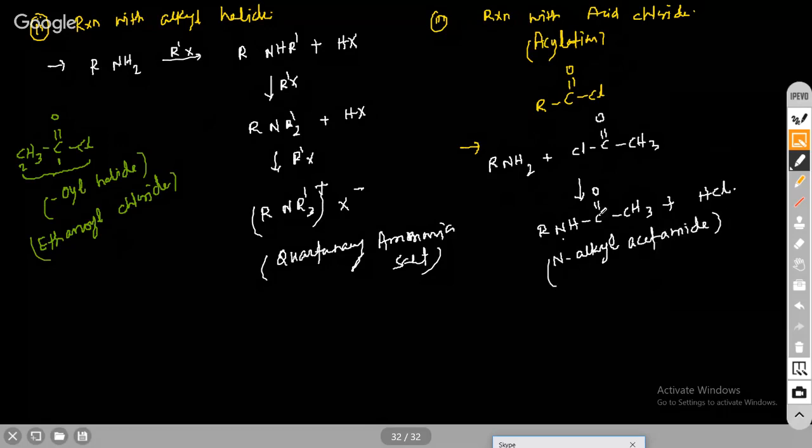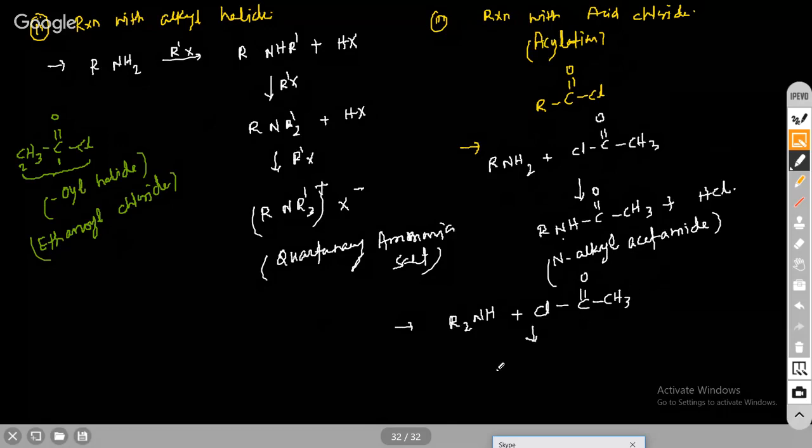CONH2 is amide, right? CONH2 is amide, with one hydrogen replaced by an alkyl group. So we call it N-alkyl acetamide. Or if you write the name here, it will be N-alkyl ethanamide. Understood? 2 degree amine, R2NH, when it reacts with Cl C double bond O CH3, what do we get?